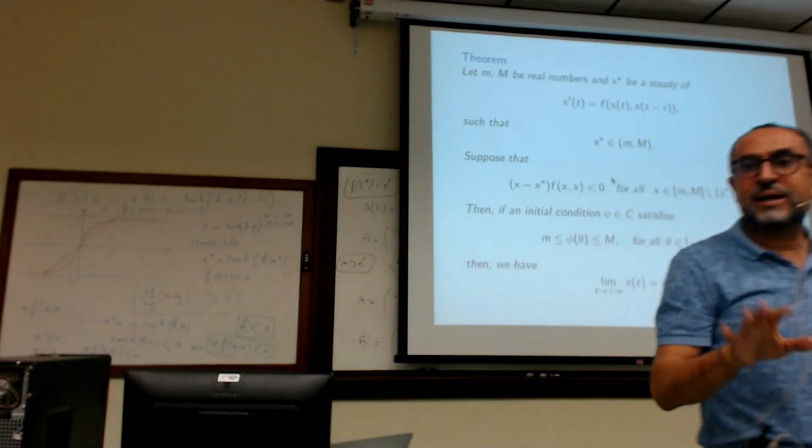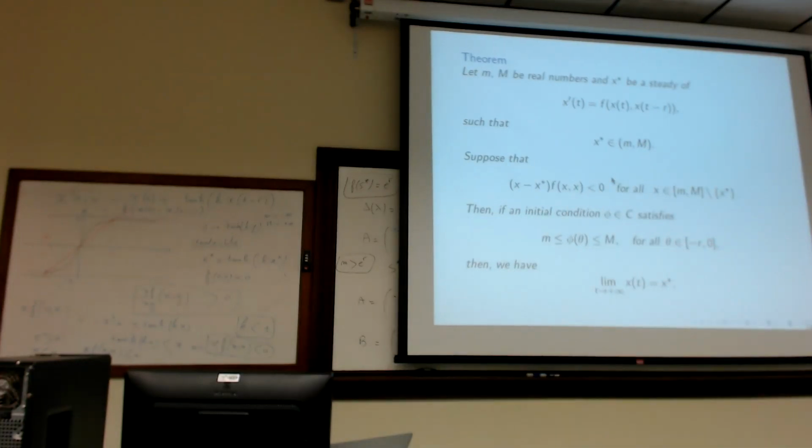Then here we don't need characteristic equation. In this case, because k is greater than 1, 0 becomes unstable, and the other one becomes stable and attractive.